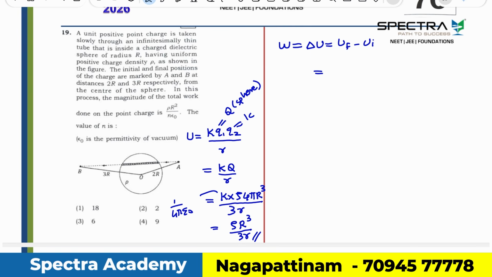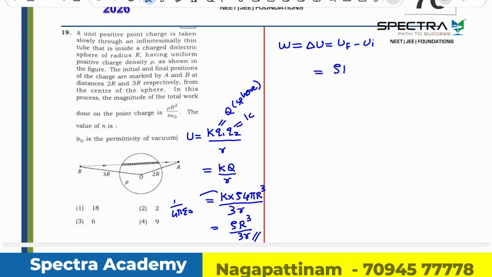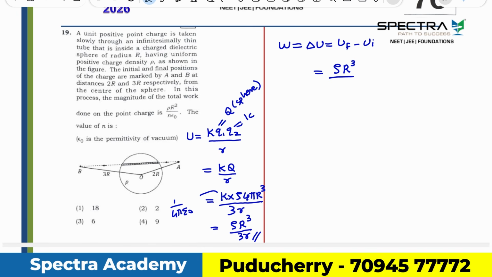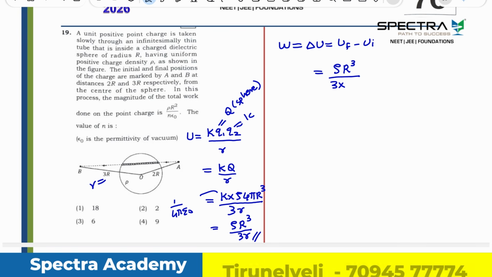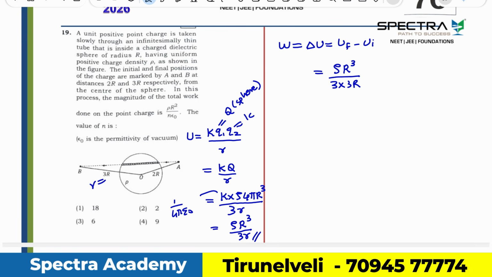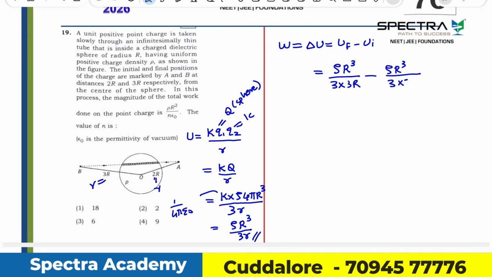U final is rho r cube divided by 3 into the distance, which here is 3r, minus rho r cube by 3 into the distance, which is again 2r.